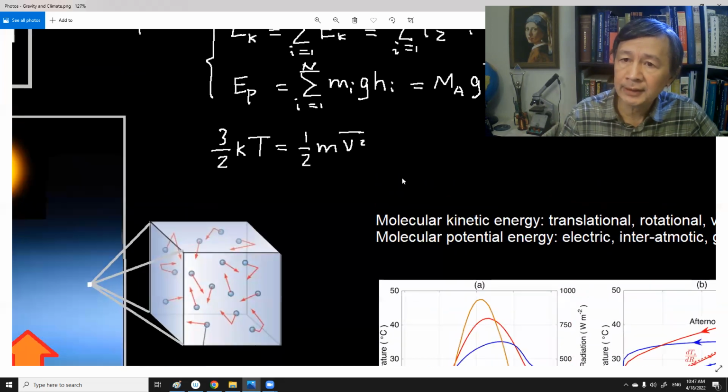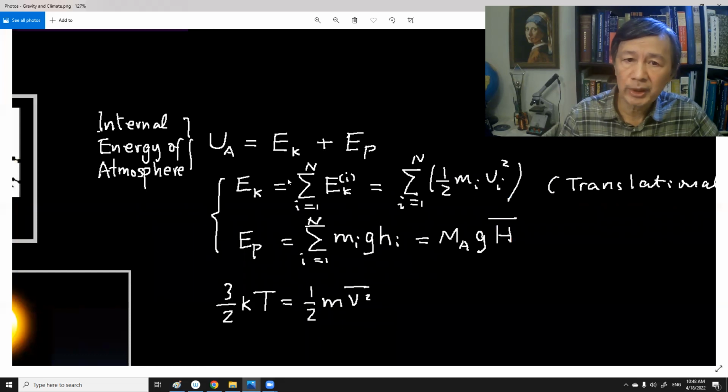Before we go further, we probably have to introduce what we call the internal energy of the atmosphere, which represents the total energy of molecules. This U_A represents the internal energy of the atmosphere, which is the sum of the total kinetic energy and the potential energy.